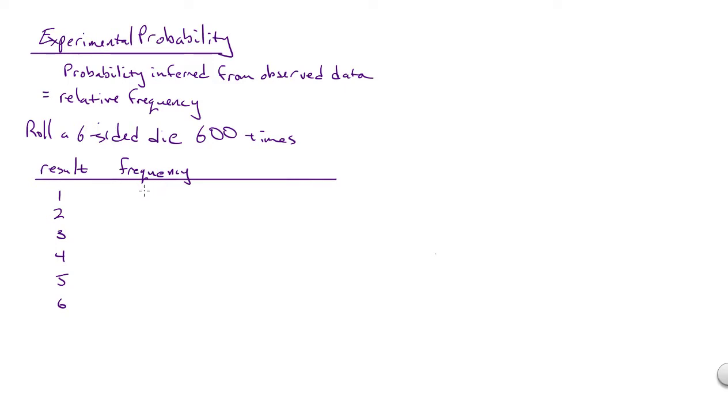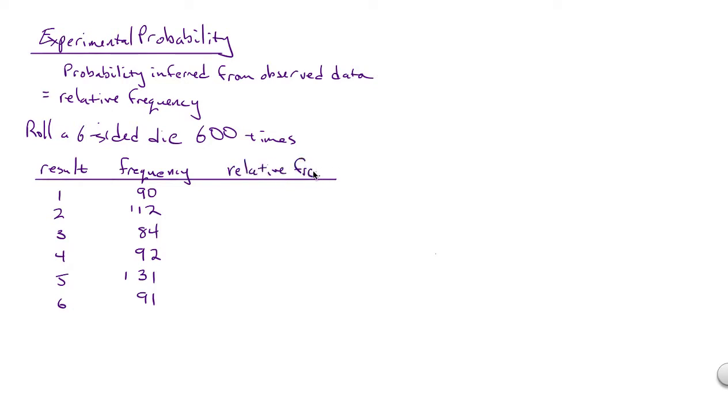So let's say we rolled a result of 1 90 times, 2 112 times, 3 84 times, 4 92, 5 131, and 6 91. So you would think each of these results would, on average, probably occur about a sixth of the time. That is a statement of a fraction, 1 out of 6. And that's what we're going to do when we talk about the relative frequency.